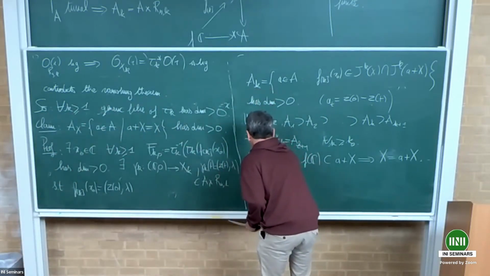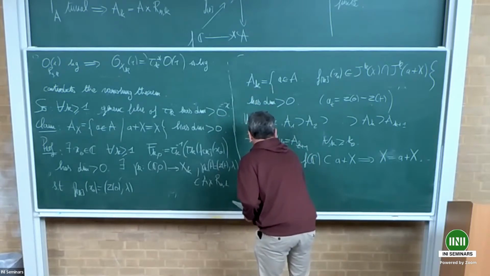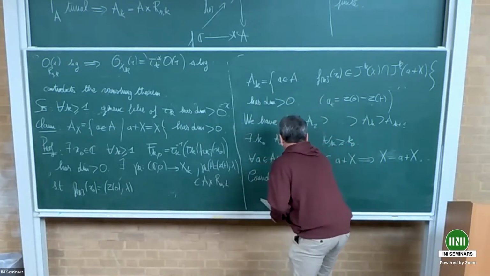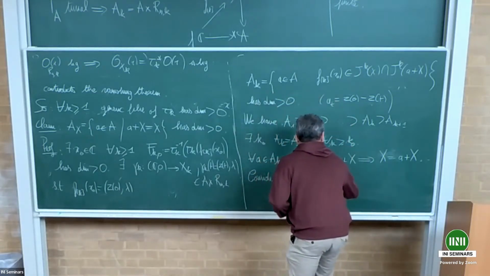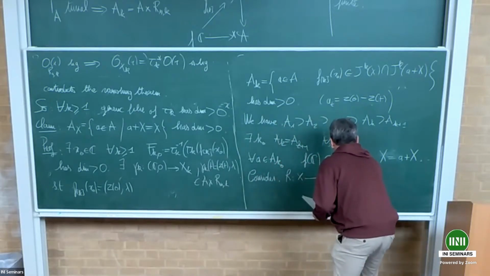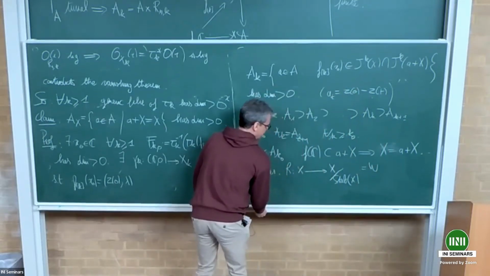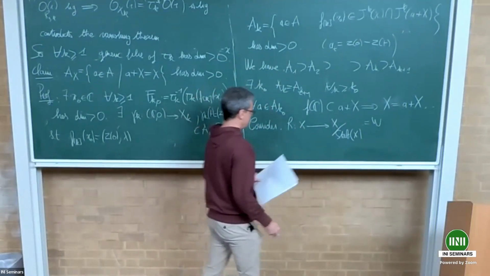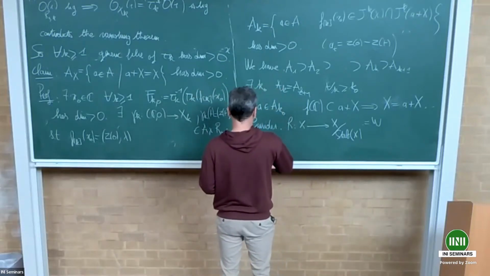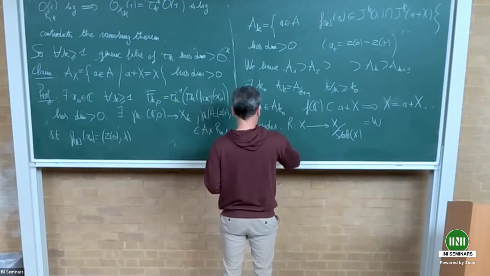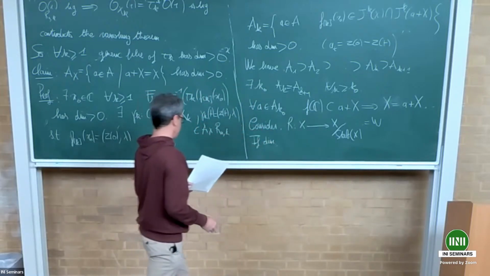So now, as I said, the conclusion is immediate because you just consider the so-called Kawamata-Ueno reduction map. So you have two cases. Either this is a point, but then you get what you want.